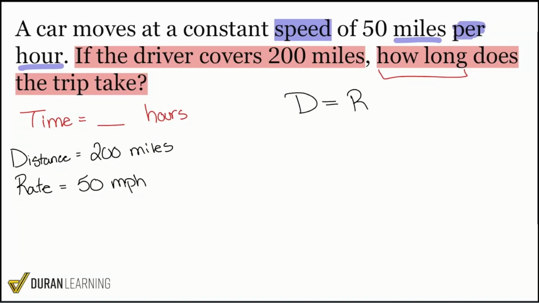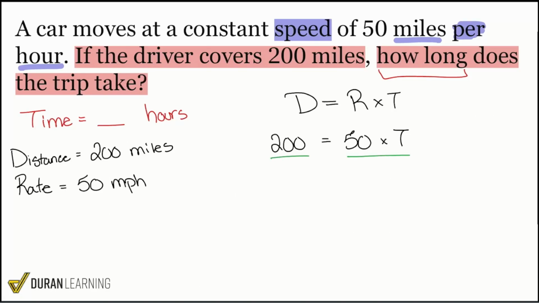Distance equals rate times time. We have the distance of 200 miles. We have the rate of 50 miles an hour. And we have that time sitting right there. Everybody, what operation are we going to do to finish this problem off? We're looking for the time, so we know we're going to divide. Excellent job so far today, everybody.